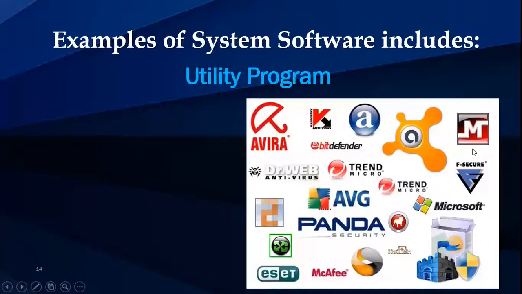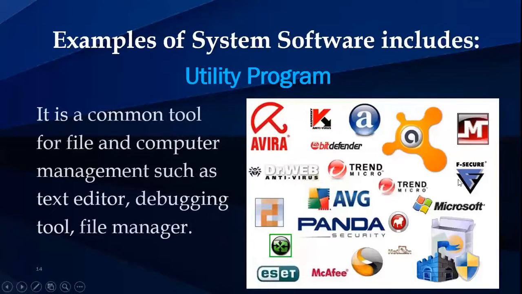Let's continue with some examples of system software. We said that the first one is the operating system. The second one is the utility program. A utility program means, guys, a common tool for file and computer management, such as a text editor, a debugging tool or a file manager, for example.